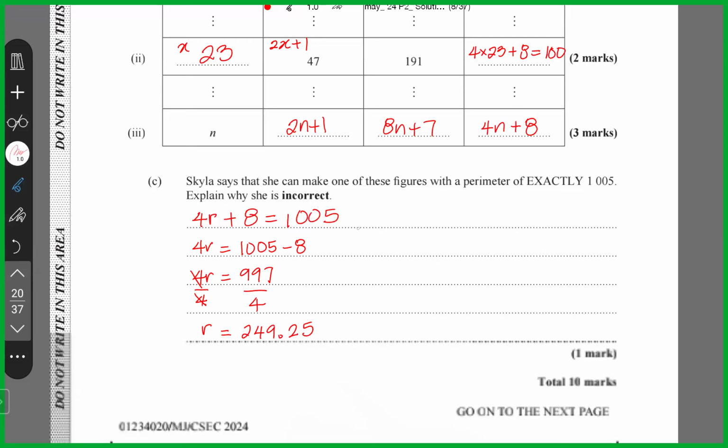It says briefly explain why she's incorrect.